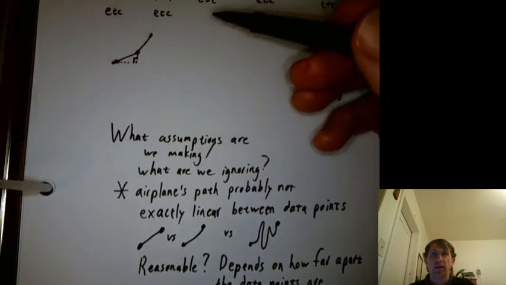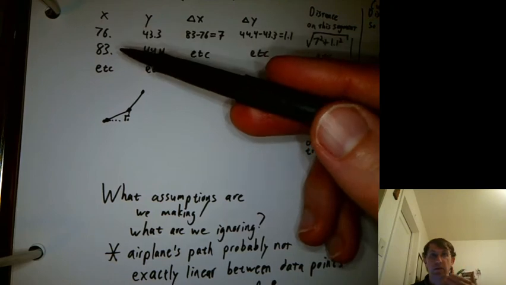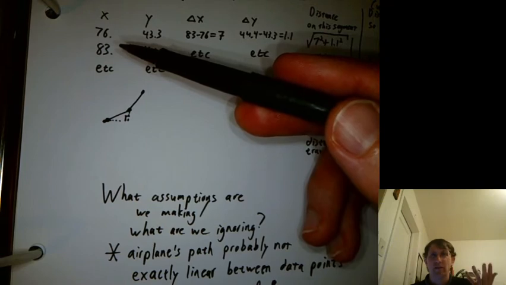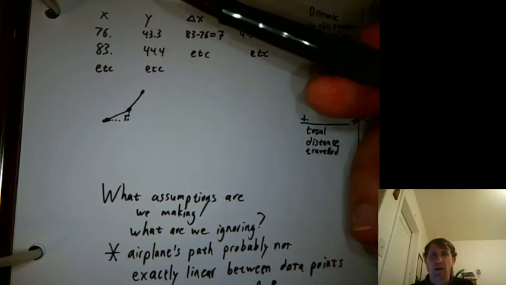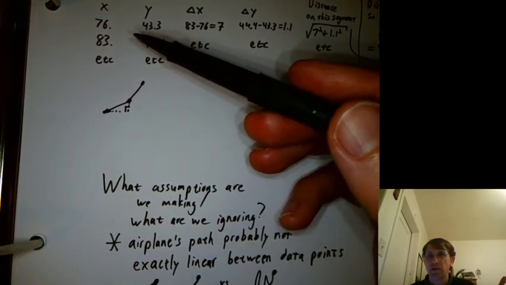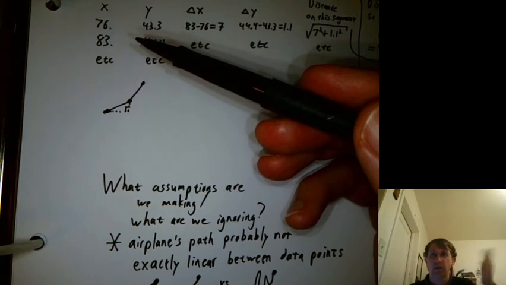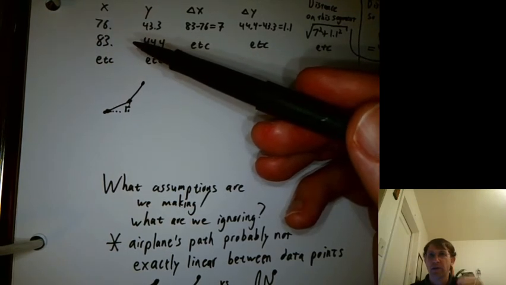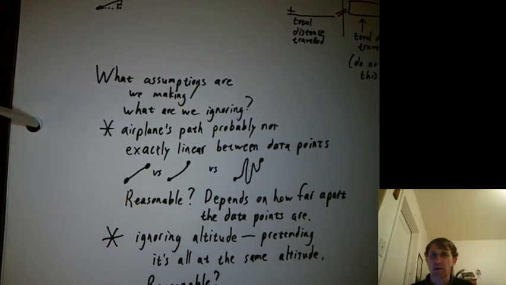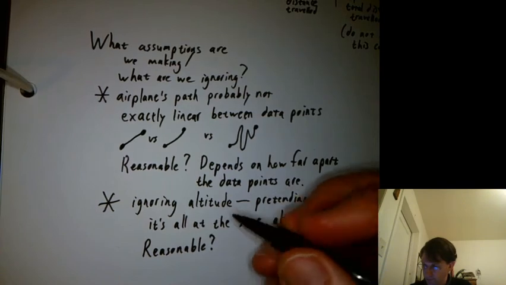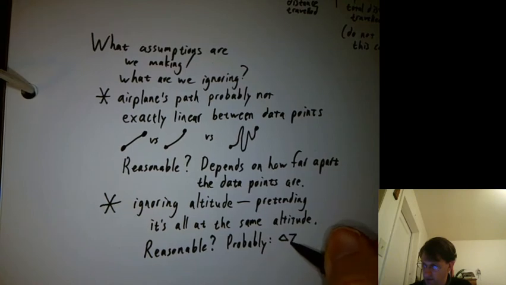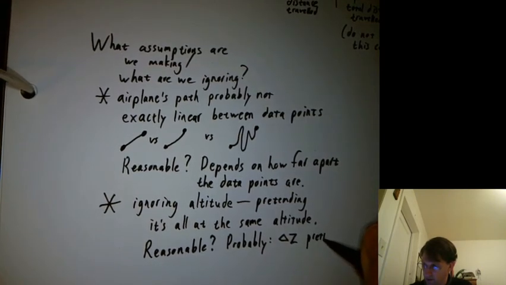Well, if you look at the distances we're going here, just the first data point was 7 kilometers. Airplanes can only go like, I don't know, 7, 10 kilometers up. Maybe probably not even that. So it's flying here dozens and dozens of kilometers left and right, backward and forward, but it could really only be going a few kilometers up and down. So if we're ignoring that, it's probably not very big anyway. So delta z would be pretty small.